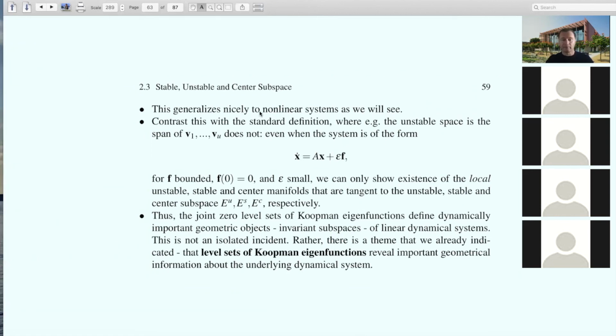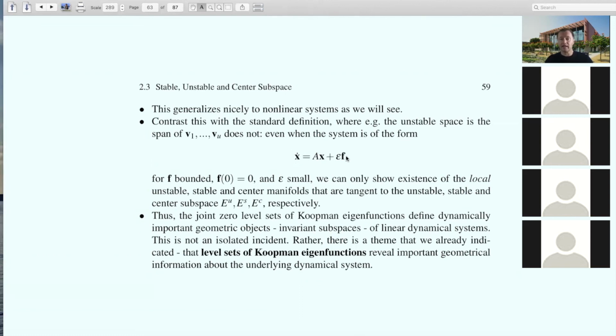Namely, when you take a linear system and you perturb it, you can still discuss the behavior, or rather the stable, unstable, and center manifolds of the resulting nonlinear systems.